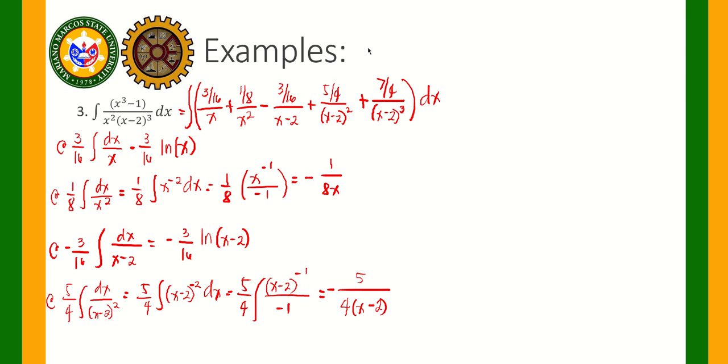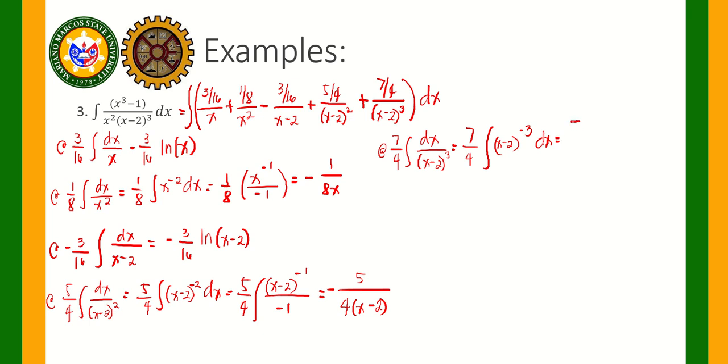And for our last term, that will be 7 over 4, the integral of dx over x minus 2 cubed. So we can rewrite this as 7 over 4, the integral of x minus 2 raised to negative 3 dx.